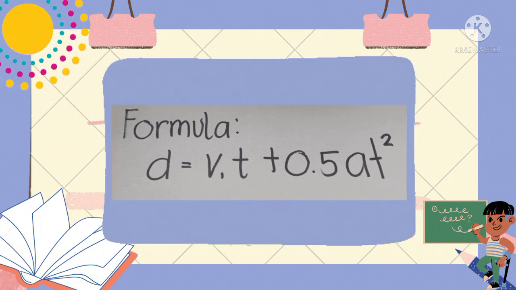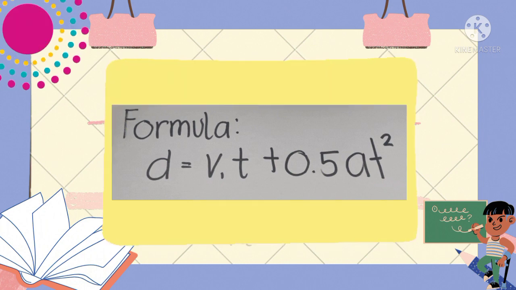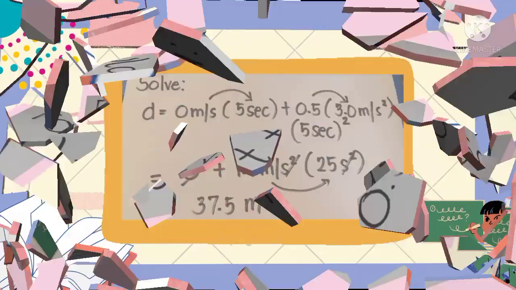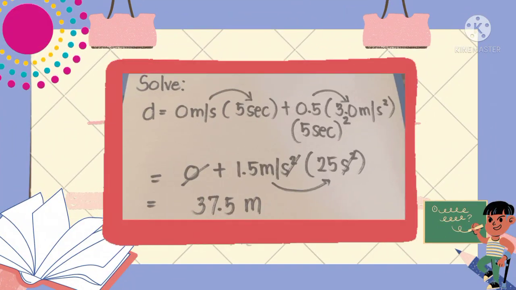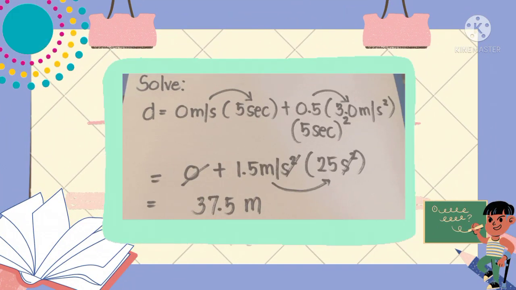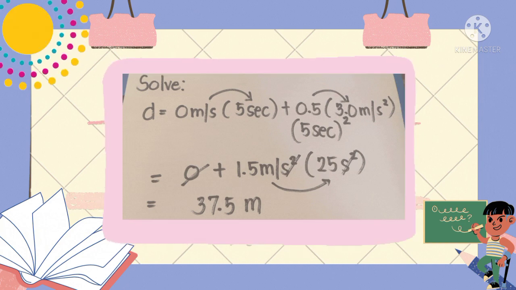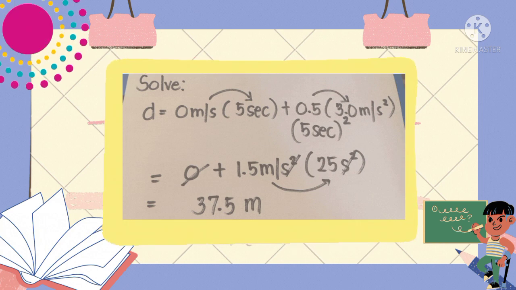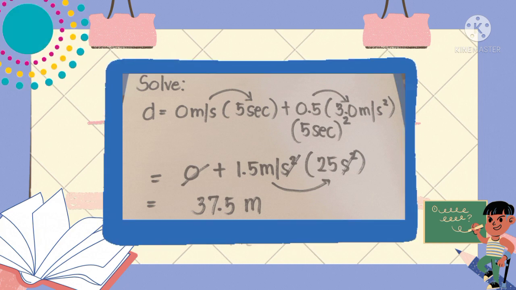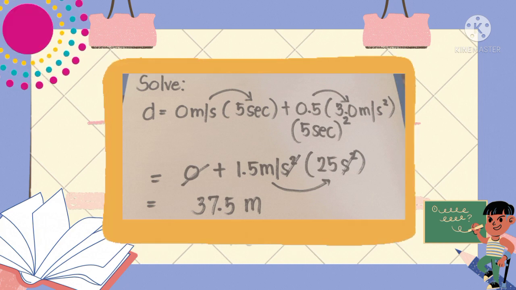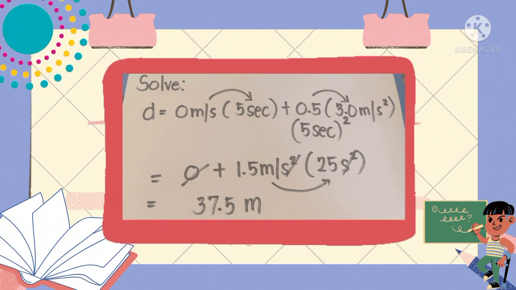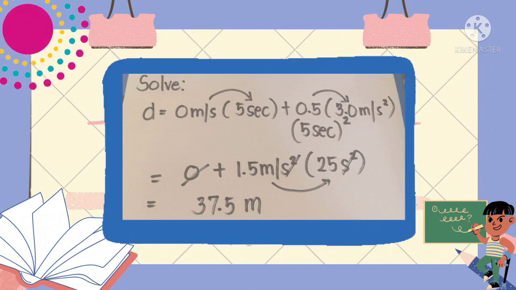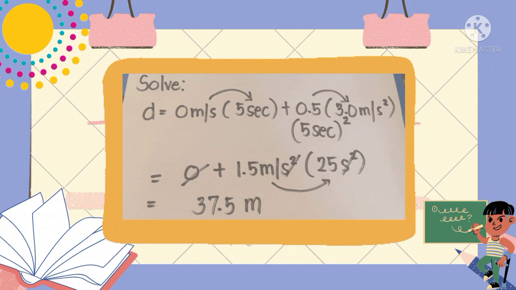So D is equal to initial velocity, that is 0 meter per second, times time. Time is 5 seconds, plus 0.5. 0.5 is a constant. Multiply it with the acceleration 3.0 meter per second squared and then times 5 seconds squared.